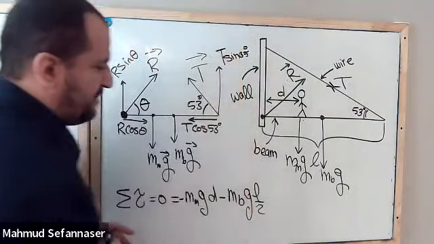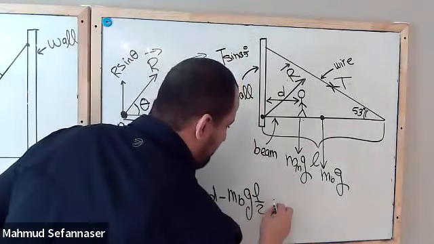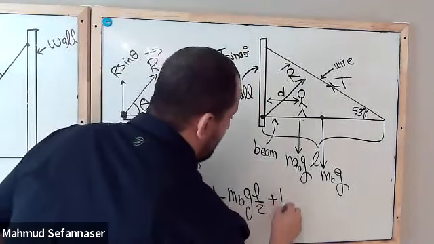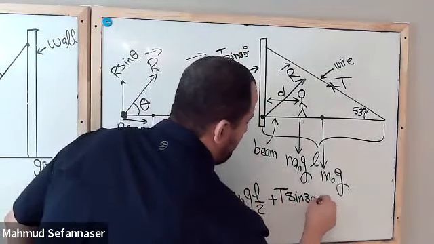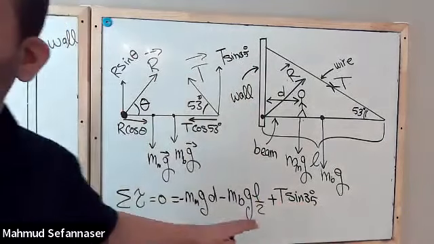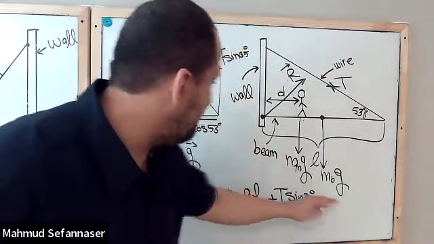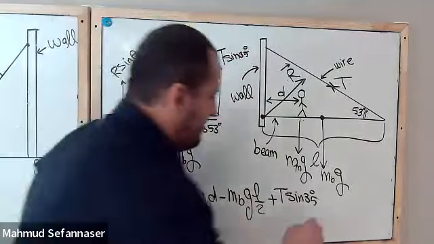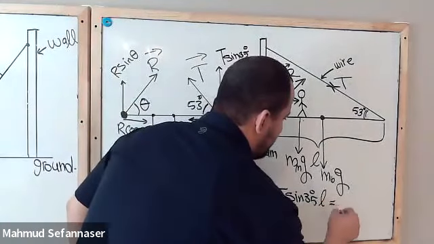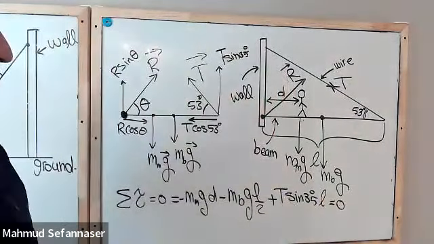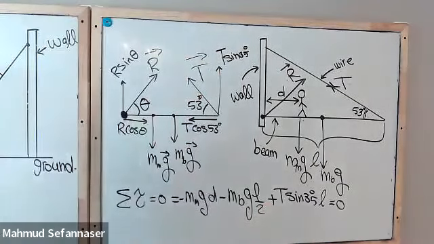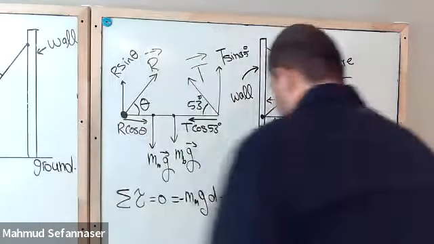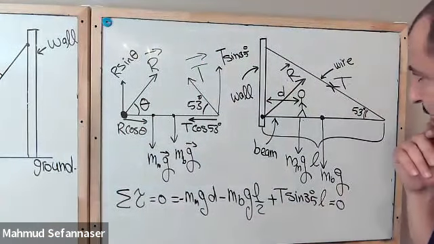Okay, so you can do the cross product, guys. So here we will have plus T sine 35 degrees, and we need to multiply that, guys, by L, which is the whole length here. And that is, as we mentioned, equal to 0. So this is very nice. We have this equation, and I will see if I can figure out the tension, which is the first question in this problem.